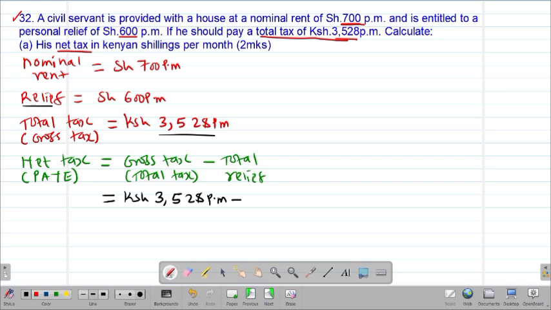We are only given one relief, which is Kenya shillings 600 per month. So you get the difference: 3,528 shillings per month minus 600 shillings per month.